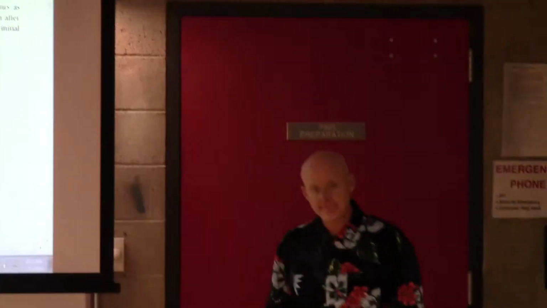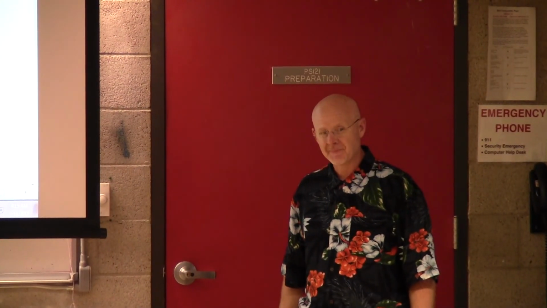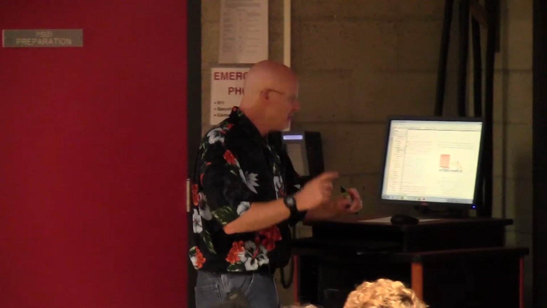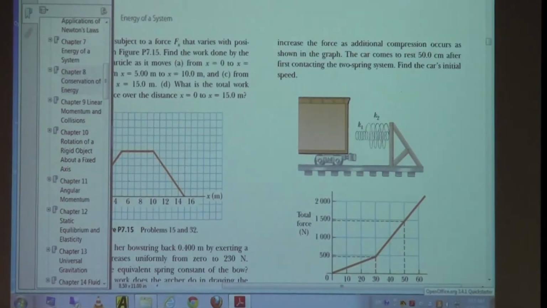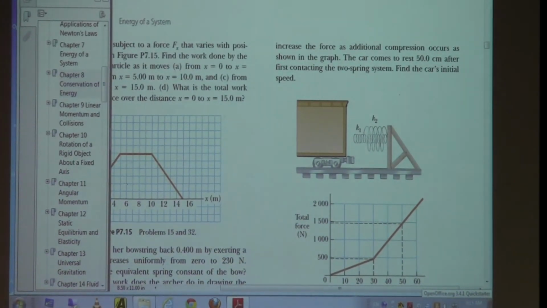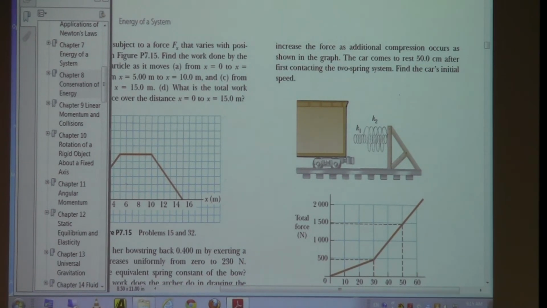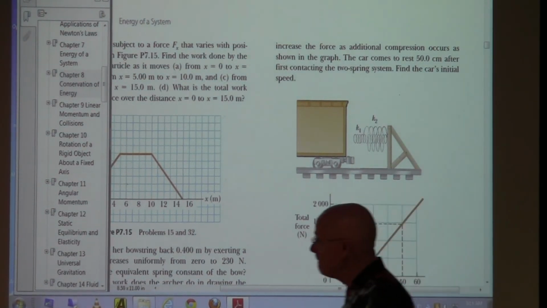Yeah. Did you just add the spring constants? Glad you asked. Let me build up to that. But let's finish the question here. It says the car comes to rest 50 centimeters after making contact with our two spring system. All right.